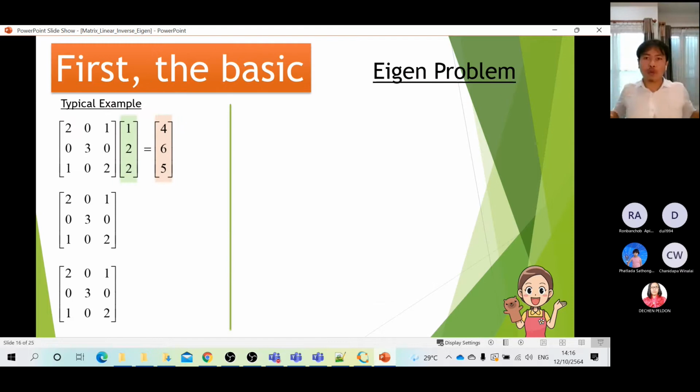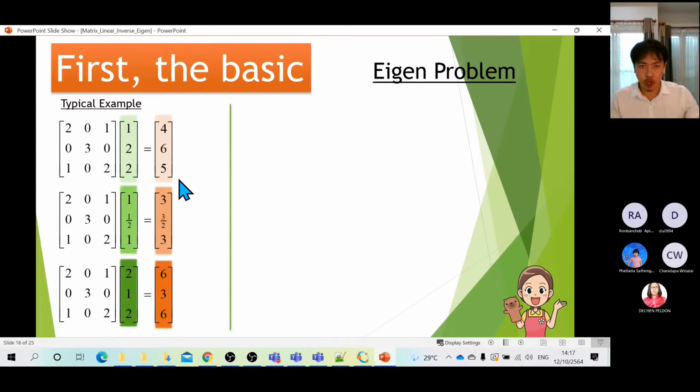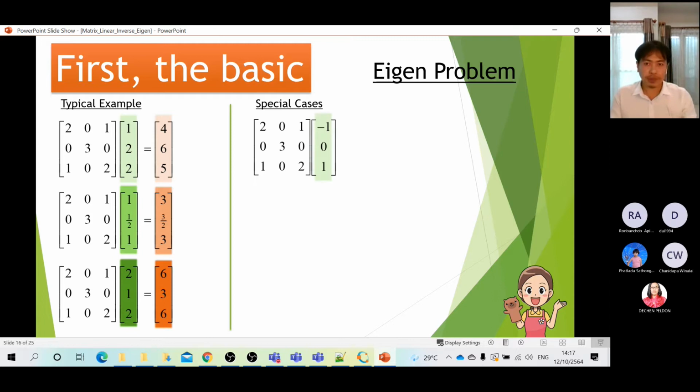Now let's go to what we call the eigenvalue problem. What I have here is the typical example of matrix and vector multiplication. If we have some vector and you multiply that by a matrix, you get another vector. But suppose we have a very special, extremely rare case of vector.